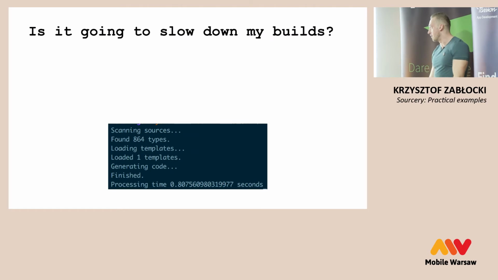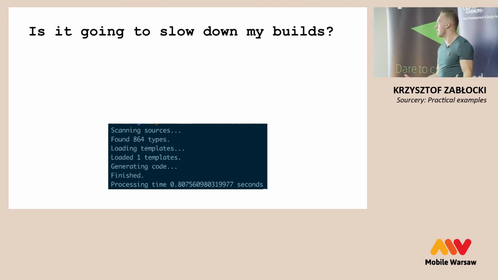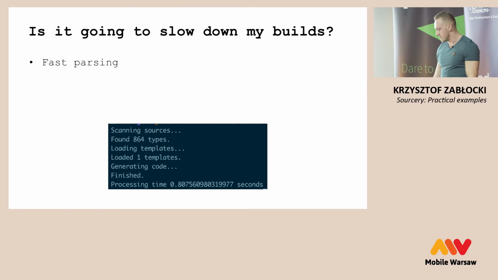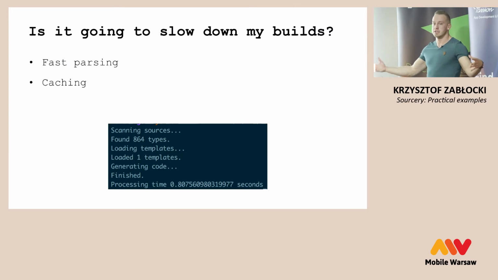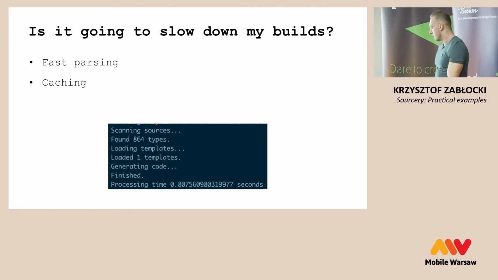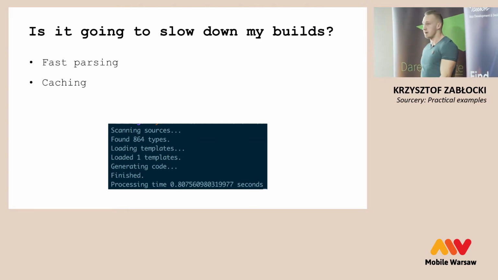And a big question that people always have is, is it going to slow down my builds? It has very fast parsing. It's actually multi-threaded. All the files are scanned in parallel, and then there is a concatenation phase when all the results are combined together to build the full AST. It has extensive caching. The caching is file-based, which means we only reread the file when that file changes.